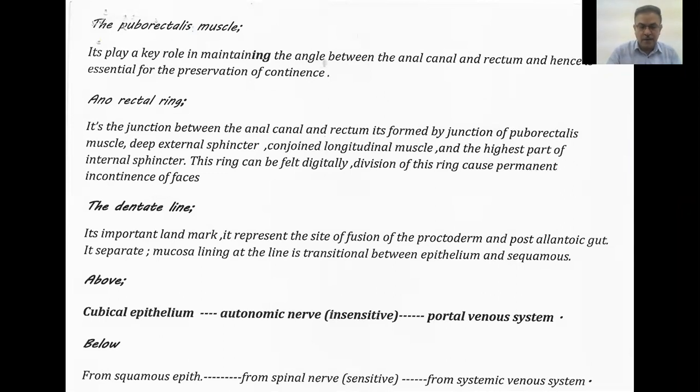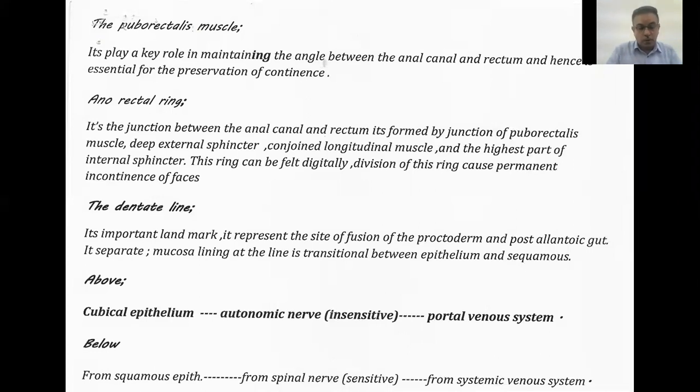It separates the mucosal lining, with a transition between cuboidal and columnar epithelium above and squamous epithelium below. The anal canal is 4 centimeters, divided into 2 centimeters above, where there is columnar to cuboidal epithelium, and 2 centimeters below the dentate line, where there is squamous epithelium.